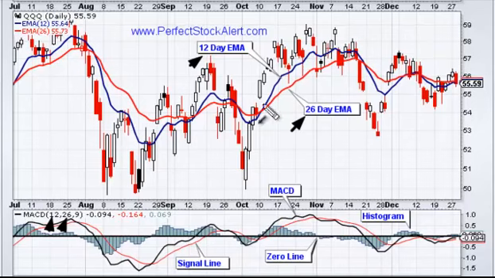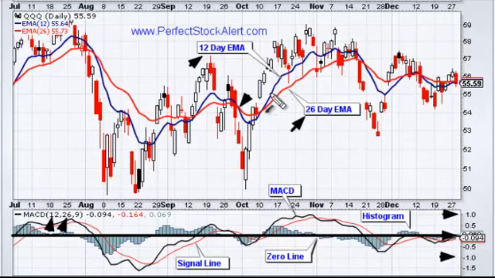Whenever those two lines are touching each other, just before they cross over, you'll see that the MACD will be on this black line you see right here. This is known as the zero line, and that is telling you that there is zero price difference between those two because the moving averages are touching, and therefore the MACD line will be on the zero line. Over here you see positive numbers, and over here negative numbers.